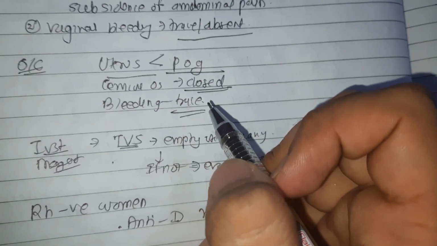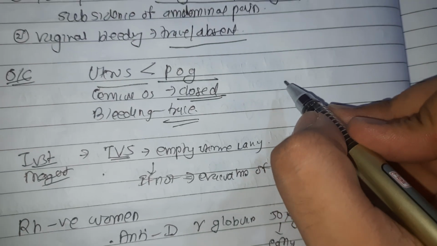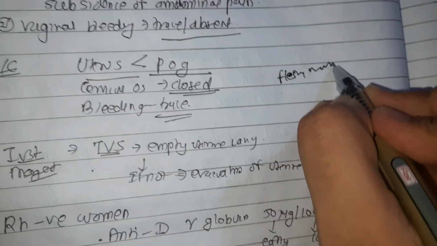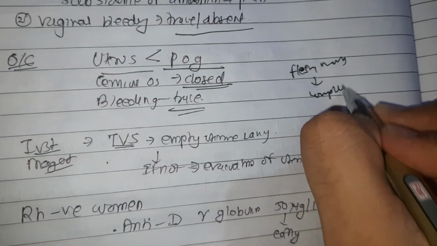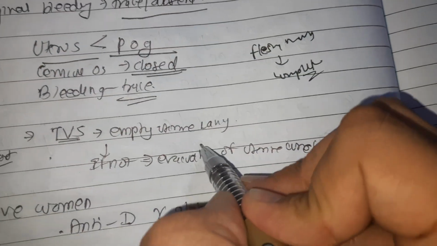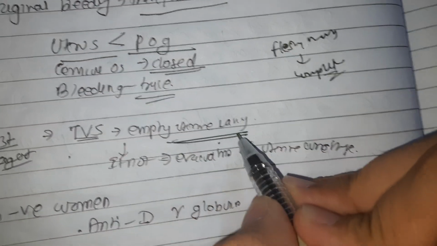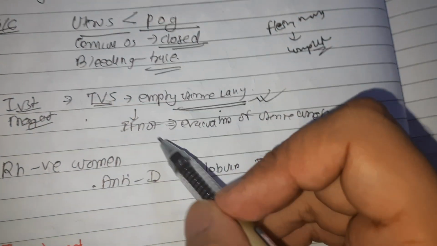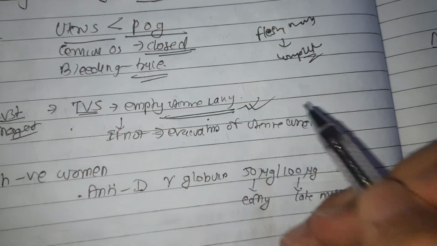If we examine the expelled fleshy mass, we can see that it is complete. And transvaginal ultrasonography reveals that the uterine cavity is empty, because the miscarriage has already been completed.